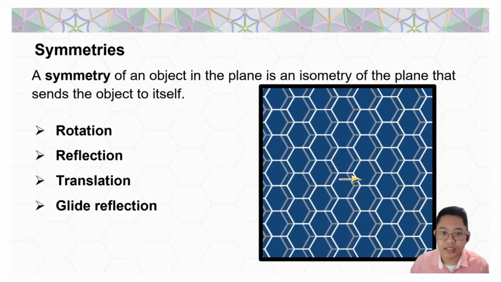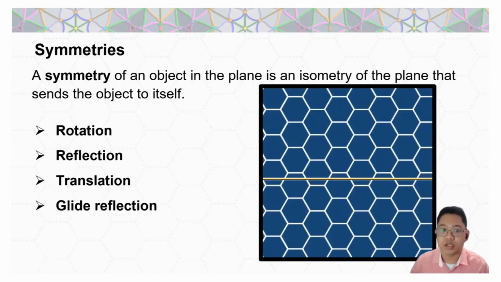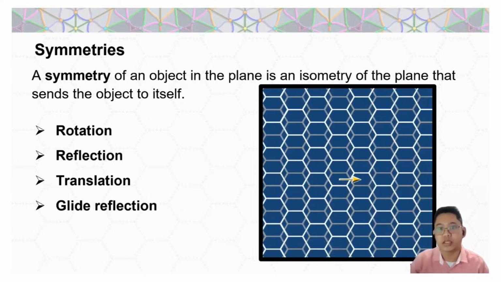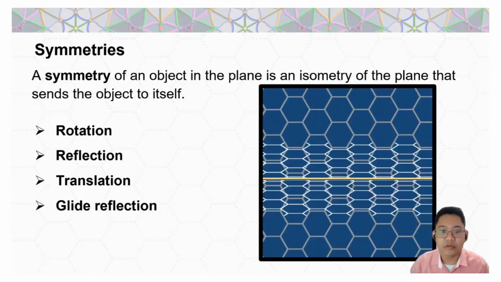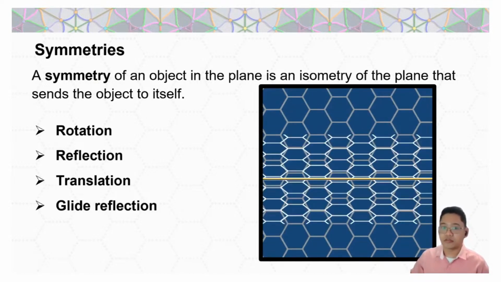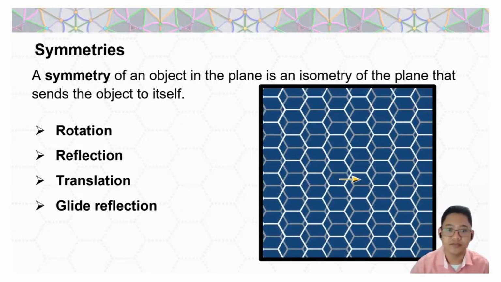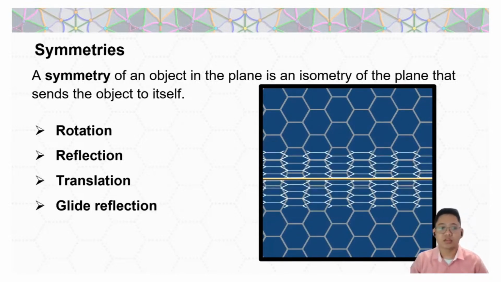Here, you translate first and then you reflect. So it is a combination of those two types. And as you can see from this diagram, after you do the translation and then reflection, the tiling will just go back to itself. So those are the symmetries.